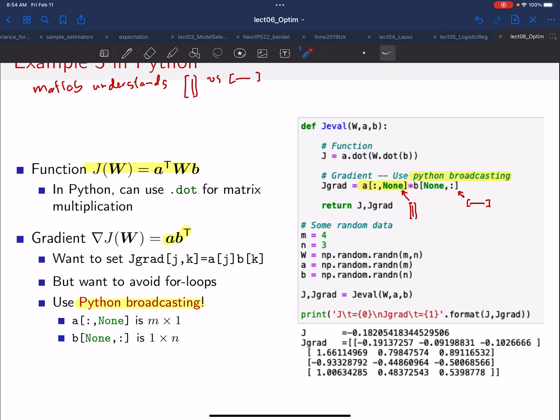So you'll have some examples in the labs, but also there's a notebook way back in Unit 0, the Unit 0 notebook or demo on Python broadcasting. So there are several examples there.